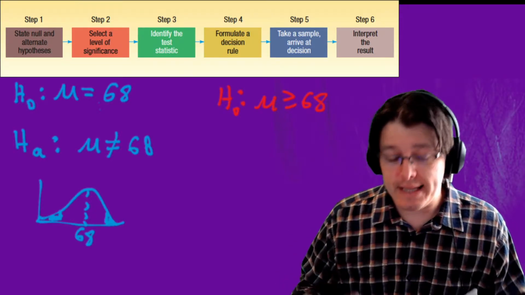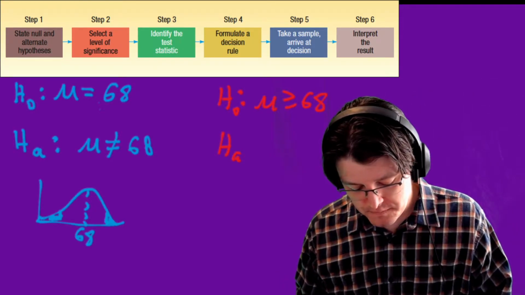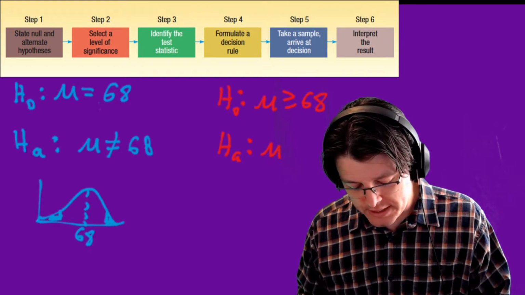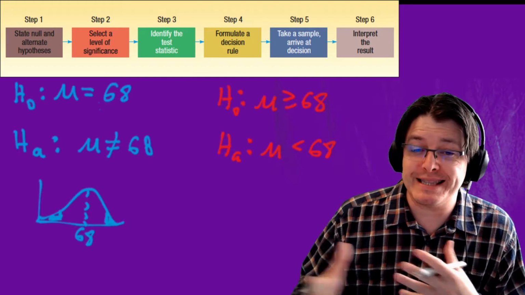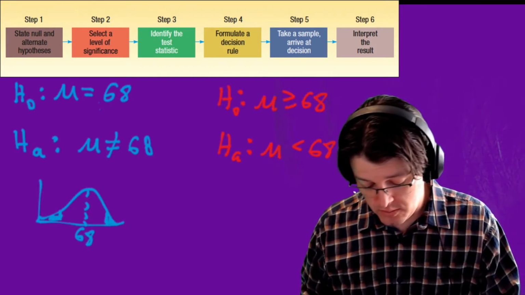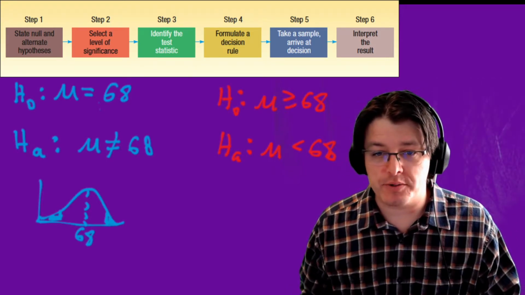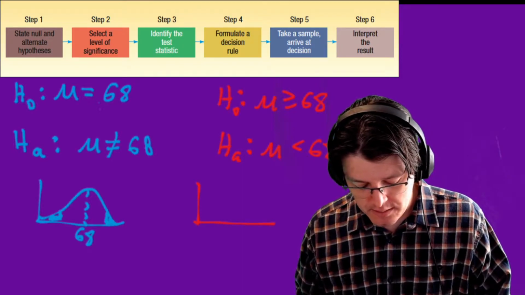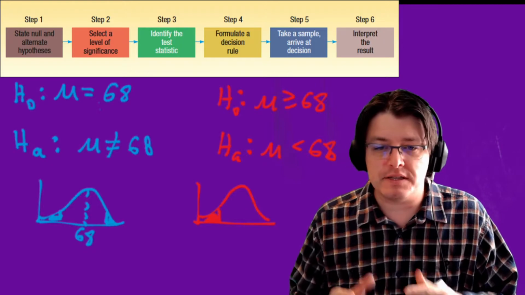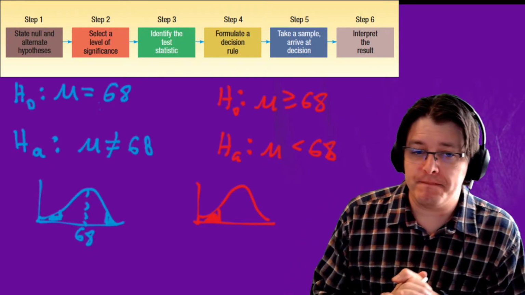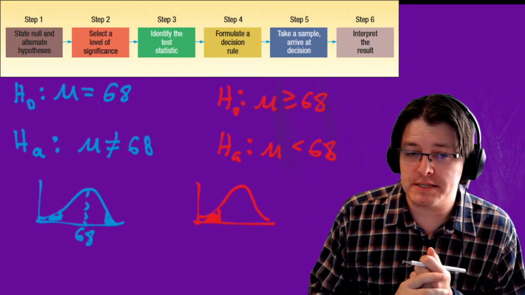Right? So in this scenario, we would consider that statement wrong only if it was less than 68. So this we refer to as a one-tailed test because they're only wrong if it's less than 68. So on the one side of things.